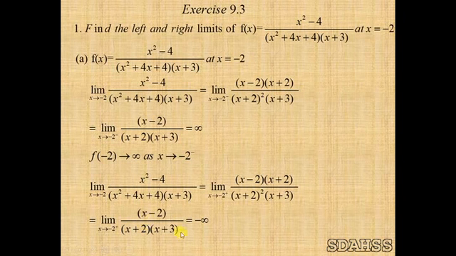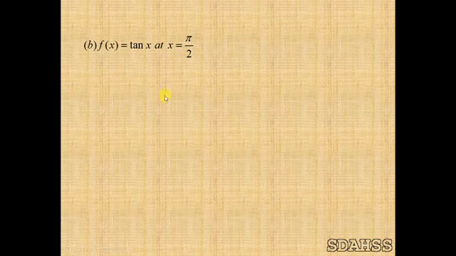Then you will get infinity. Similarly here also you want to find whether this will be plus infinity or minus infinity. Now you have to substitute minus 1.9 in the place of x. If you substitute minus 1.9 you will get negative infinity. So f of x gives minus infinity as x tends to minus 2 plus.